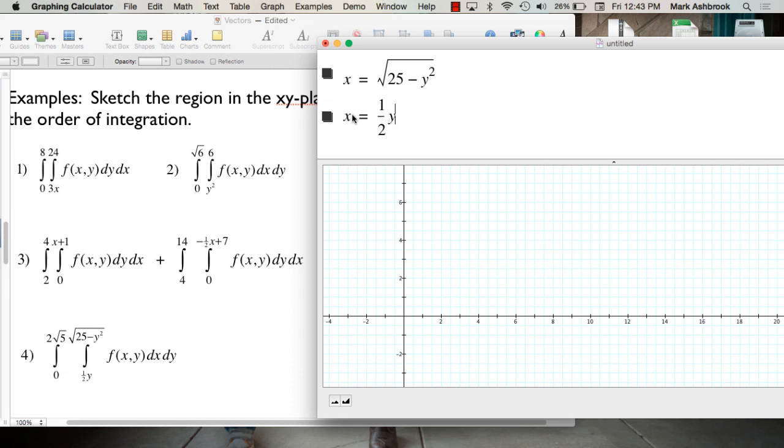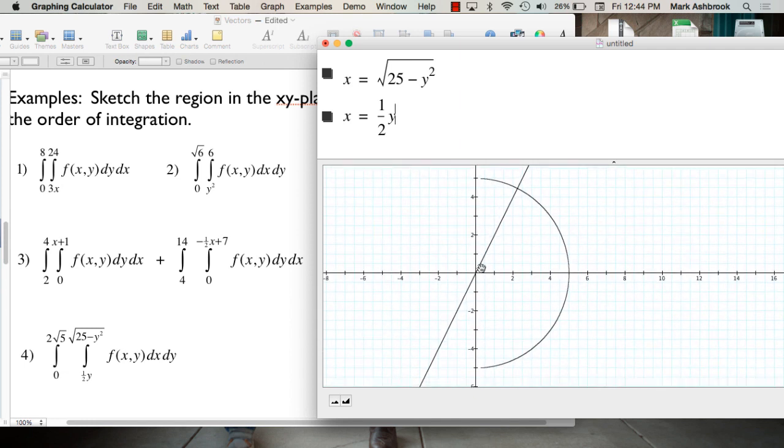If we're expected to know about spheres, then circles should be a breeze, right? If you squared both sides, you'd have x squared plus y squared equals 25, a circle of radius 5. So which part of that circle is it? X is positive, so it would be the right side. So this is the right half of the circle of radius 5, centered at the origin.